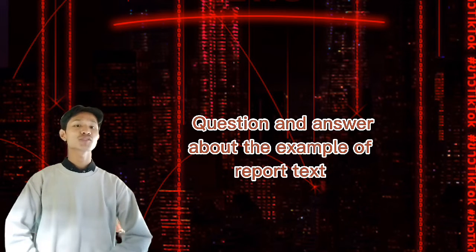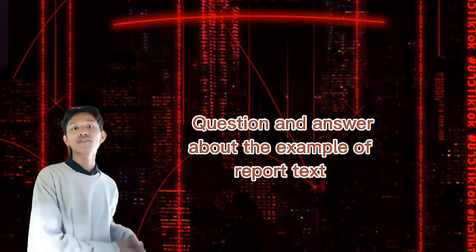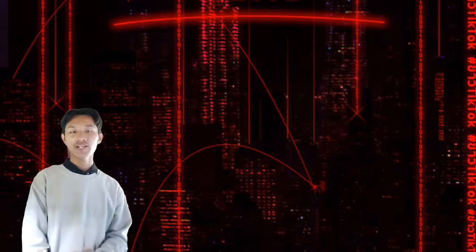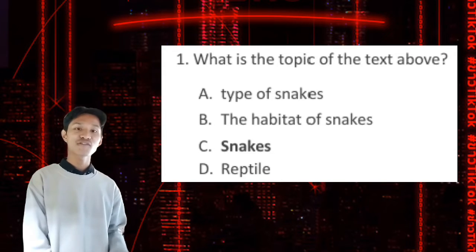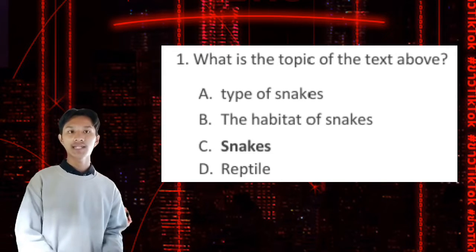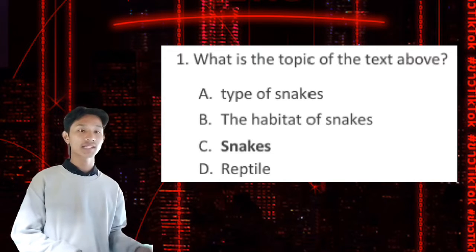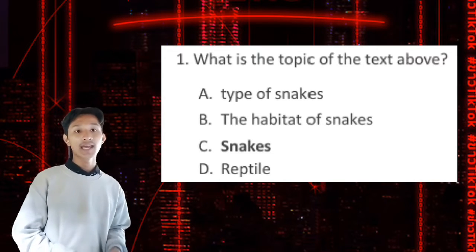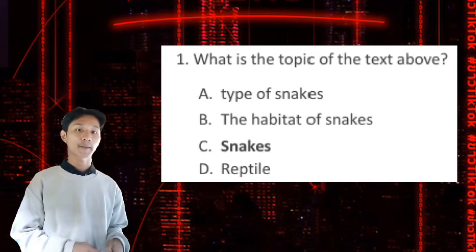Okay, now we are going to talk about the questions and answers about the example of report text. The first question is: what is the topic of the text about? There are 4 choices. The first one is types of snakes. The second one is the habitat of snakes. Then the third one is snakes, and the fourth one is reptiles.